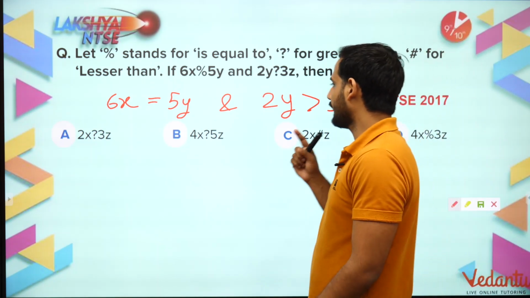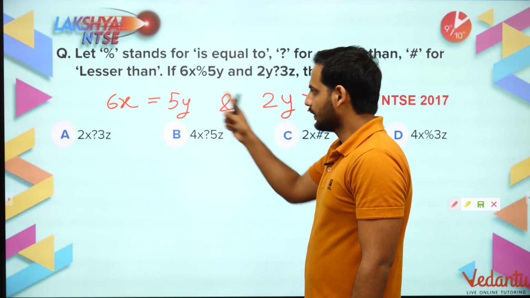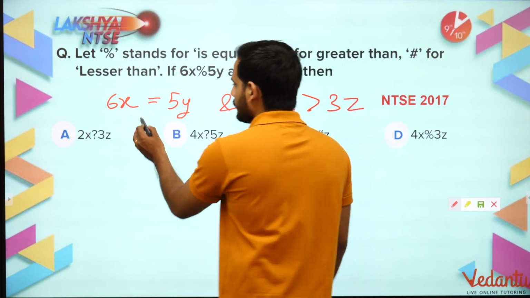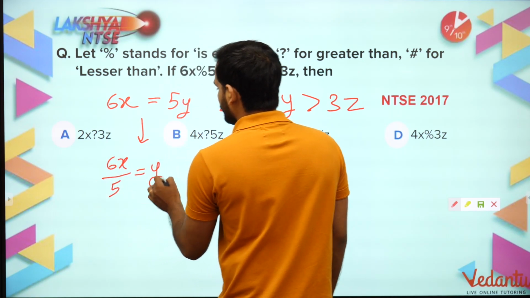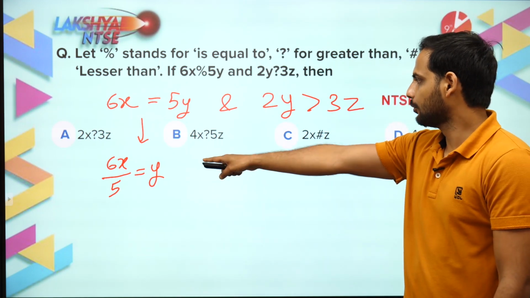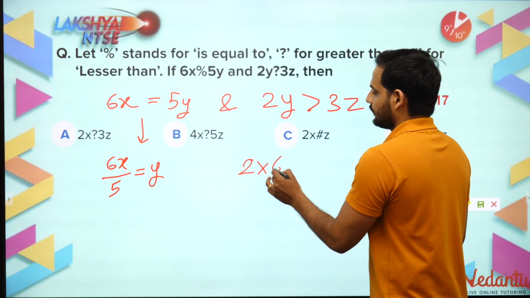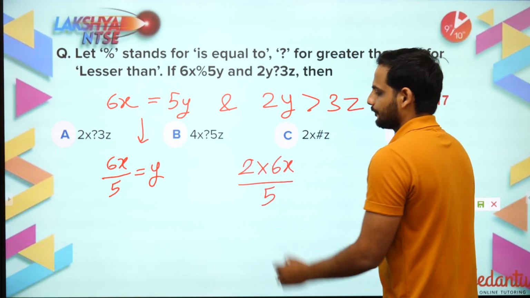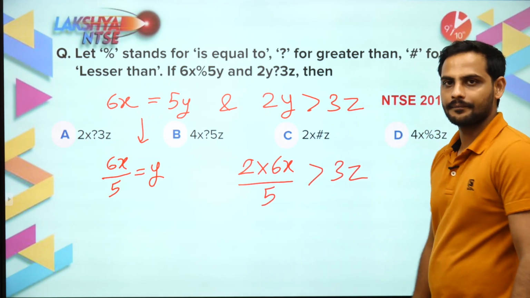So, children, to get x and z, I have to replace this y with x. What is y? From here you can say 6x by 5 is equal to y. Put y equal to 6x by 5 here. So you'll get 2 into 6x by 5 is greater than 3z.